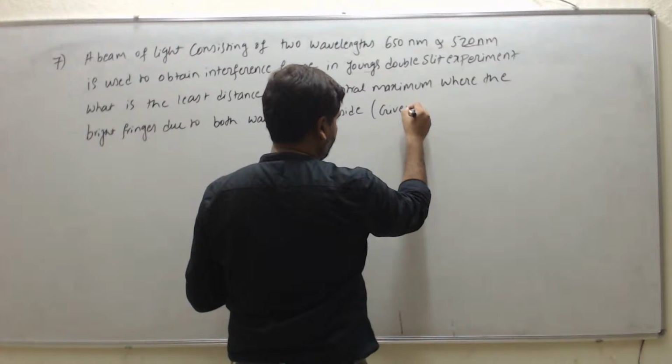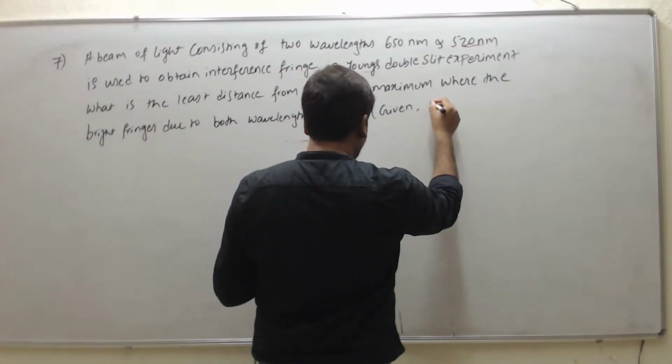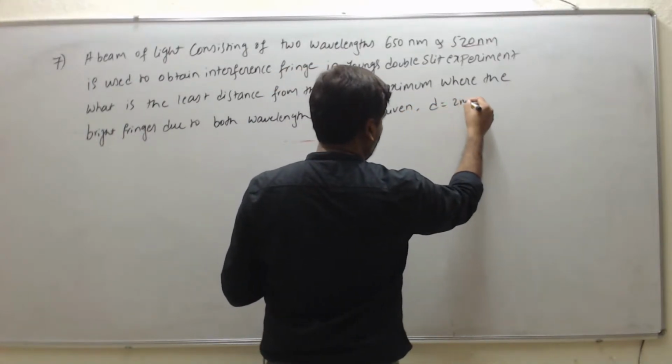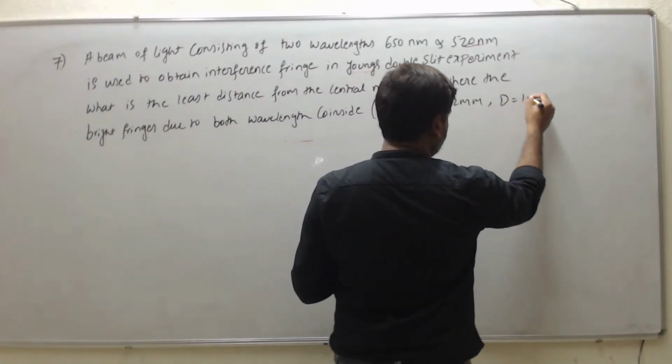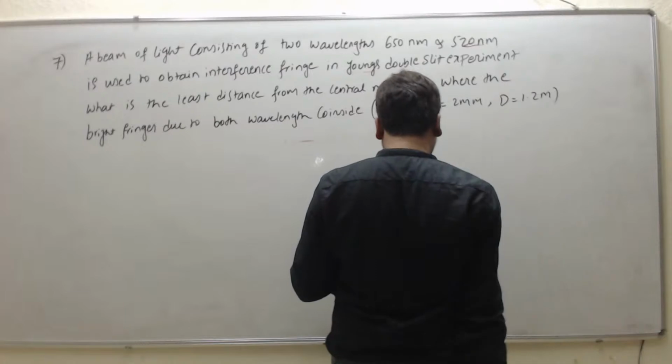Here given, d is equals to 2 millimeter and capital D is equals to 1.2 meter.